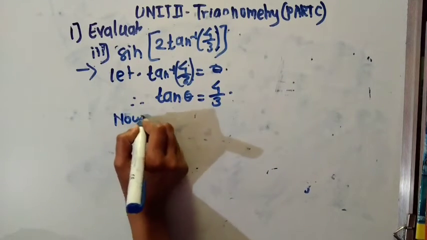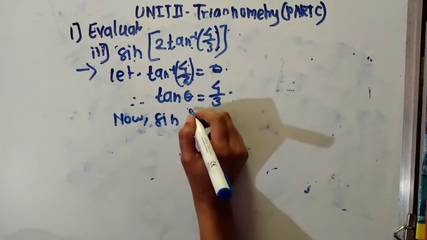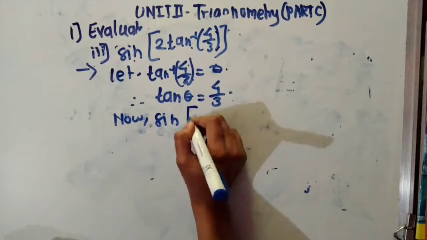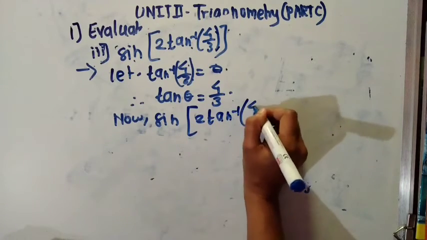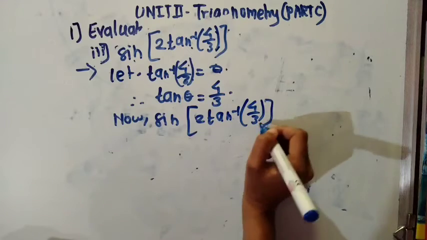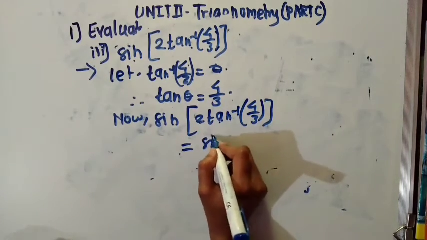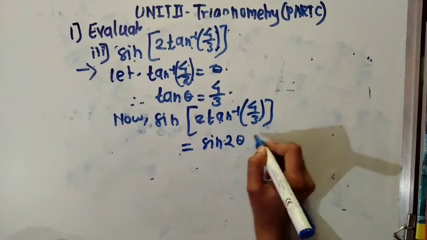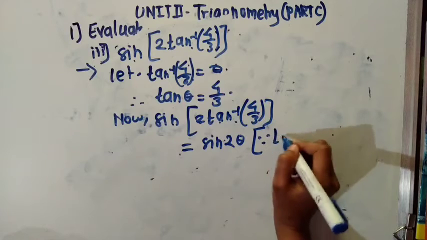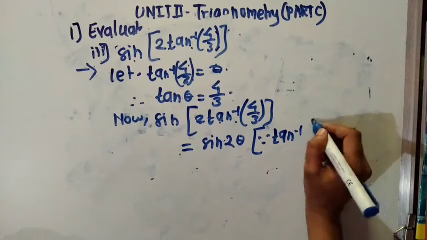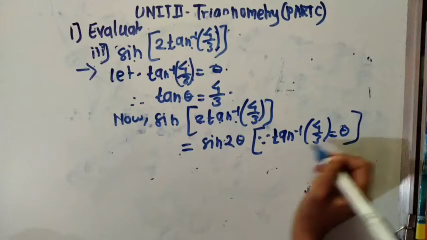Now sin of 2 tan inverse of 4 upon 3 is equal to sin 2 theta, since tan inverse of 4 upon 3 is equal to theta.